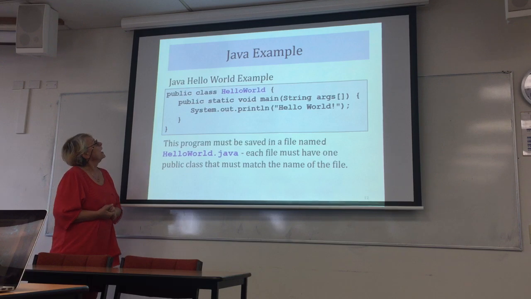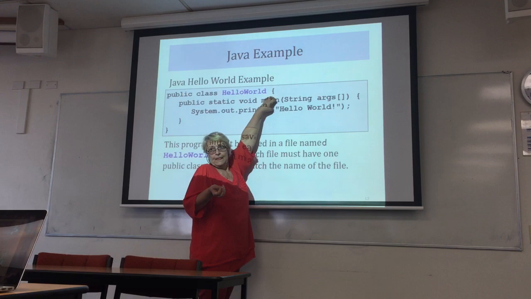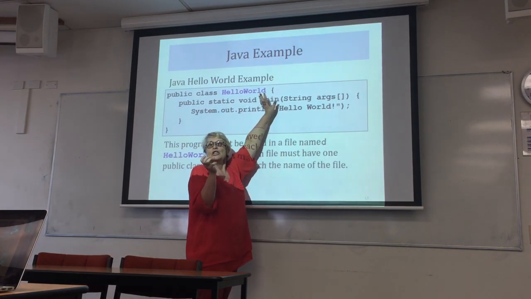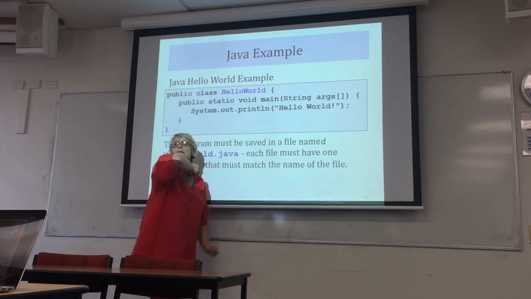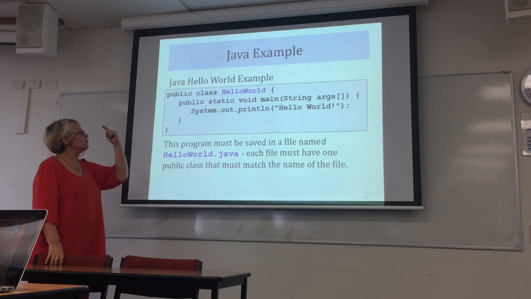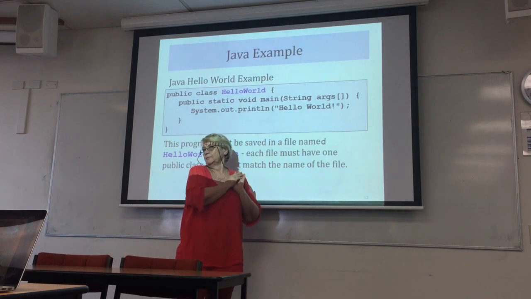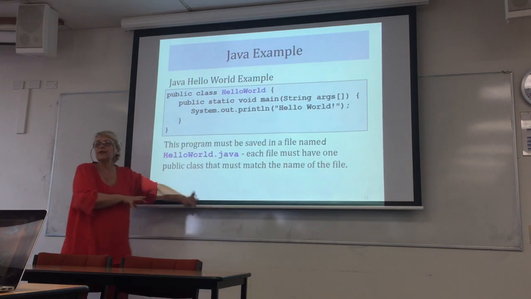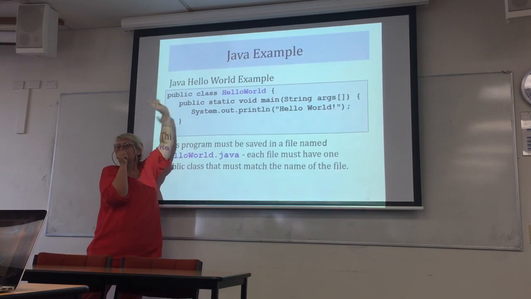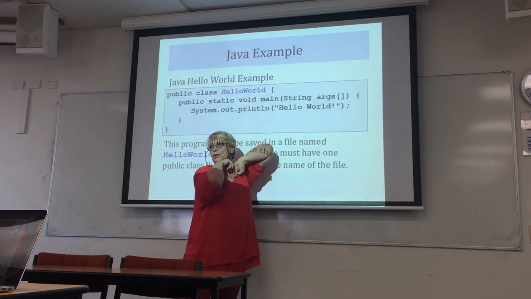You will see, public, we have here a function, and it's the entry point. Main is a function, and it has to be unique in the file. Only one class in the file can have main, because that is the entry point. Even if you put more classes in the file, they are not all to be public. Only one has to be public, and only one has to have the main function.